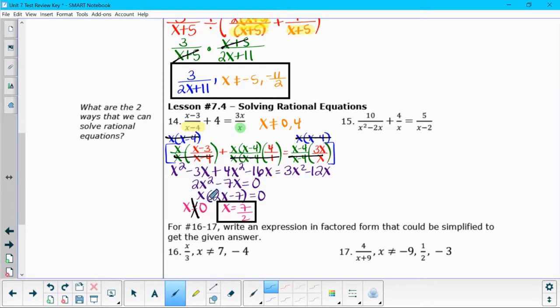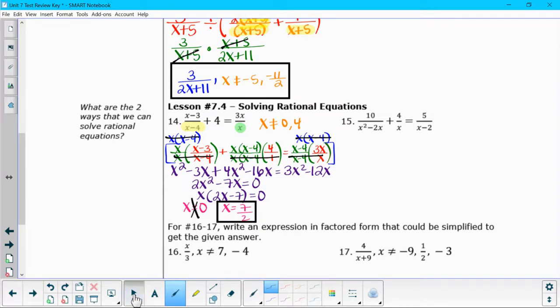So x times 2x minus 7 is equal to 0. That gives me two possibilities for solutions. X could equal 0 or x could equal 7/2. Well, if I look at my undefined values from my common denominator, I've stated that x cannot equal 0 and x cannot equal 4. So this is an extraneous solution. The only one that's going to work is 7/2.